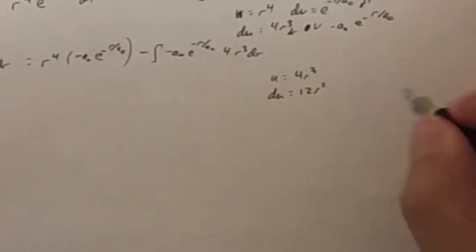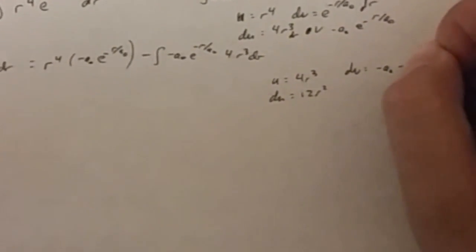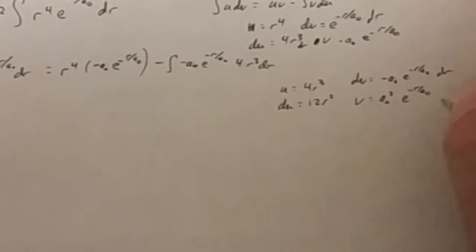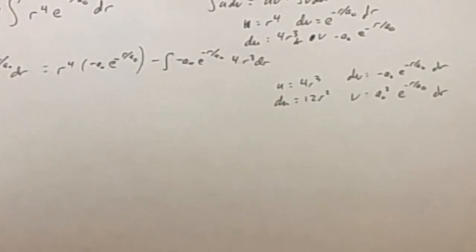And then dv should be negative a naught e to the negative r over a naught dr, which means v equals this.